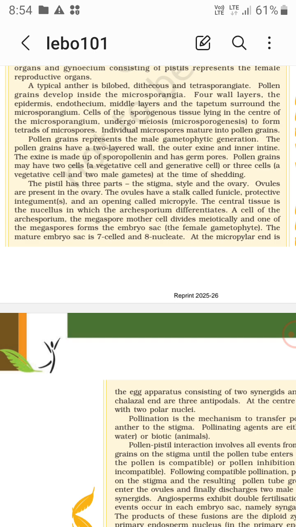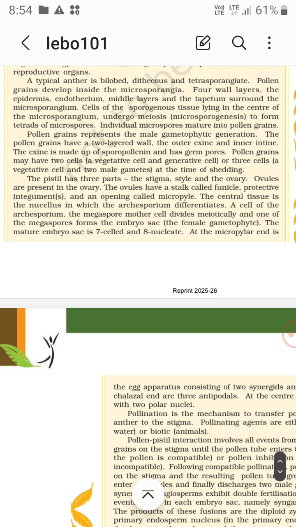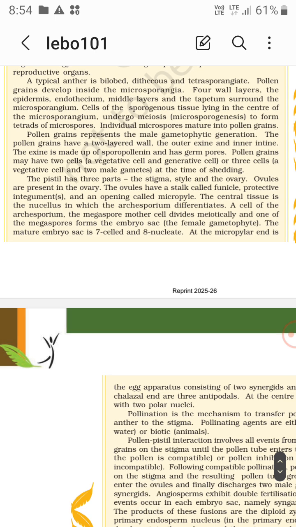The central tissue is the nucellus, in which the archesporium differentiates.